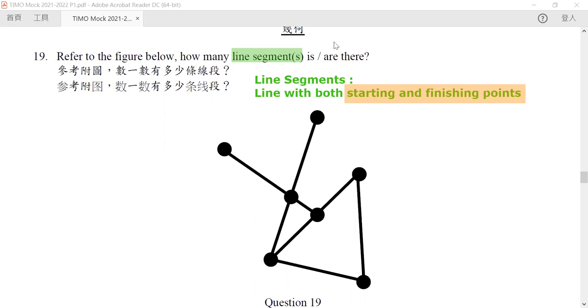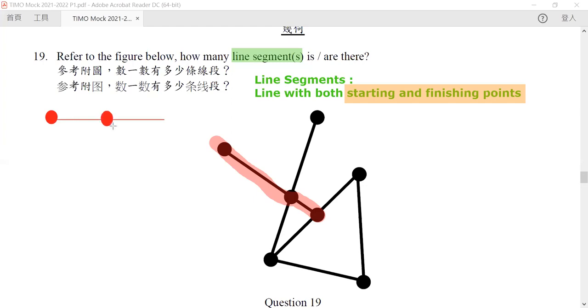For example, in here, let's focus on this red line. How many line segments are within this line? 3. Yes, three.